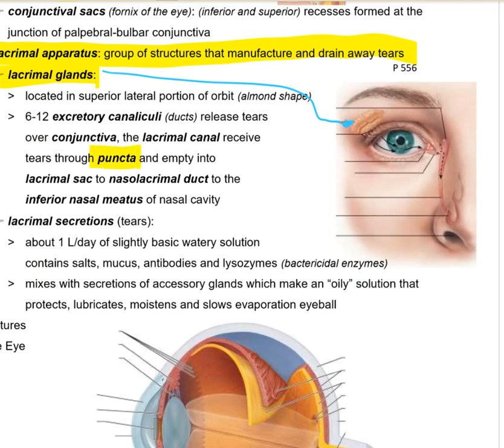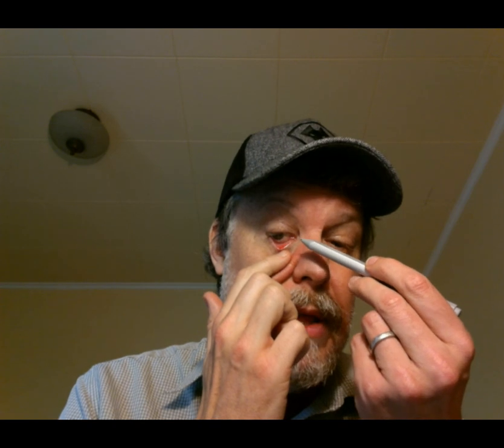And the puncta, you can actually see your own if you've never seen it before. If you take the lower lid of your eye and you just open it, I'll switch back to me here. You just take the lower lid of your eye and you open it like that, and you look in the mirror. Right there, you'll see a little dot, and you can do the same thing on the other side and see one on the other side medially as well.